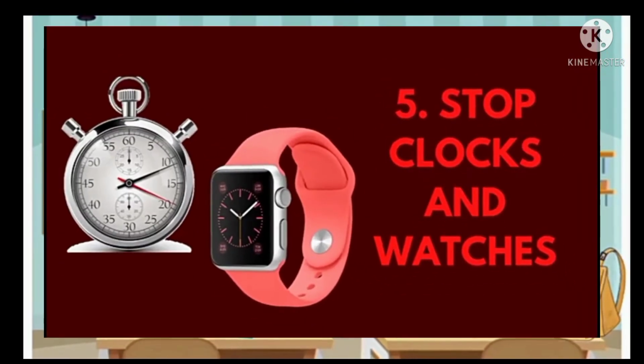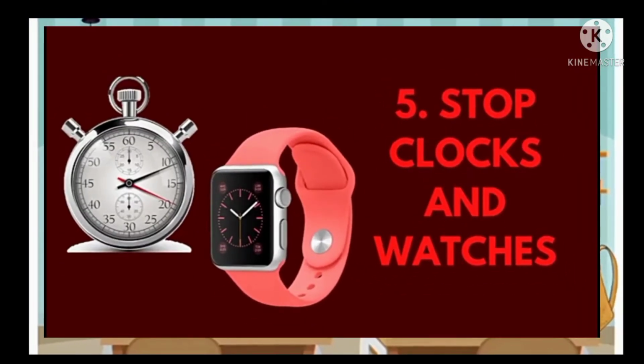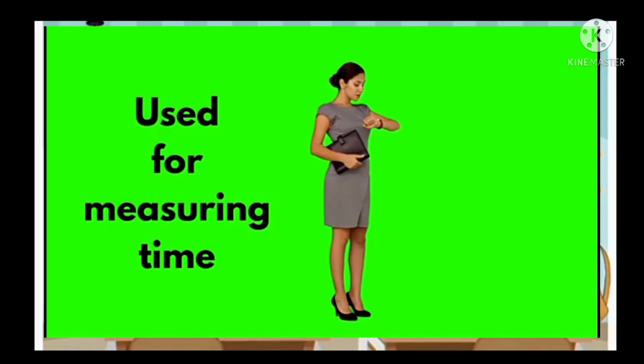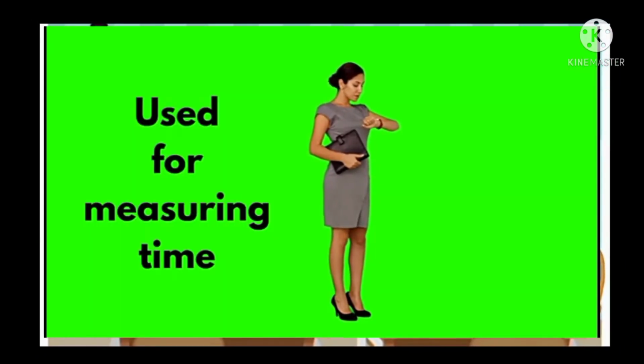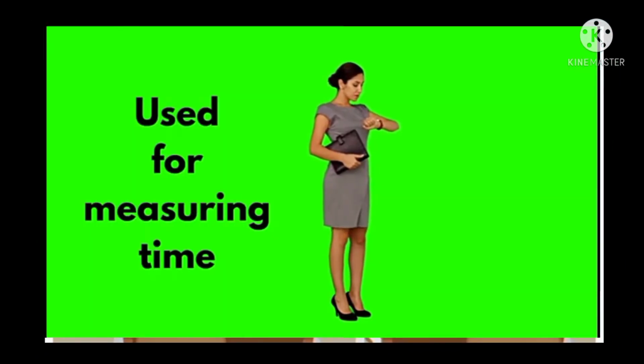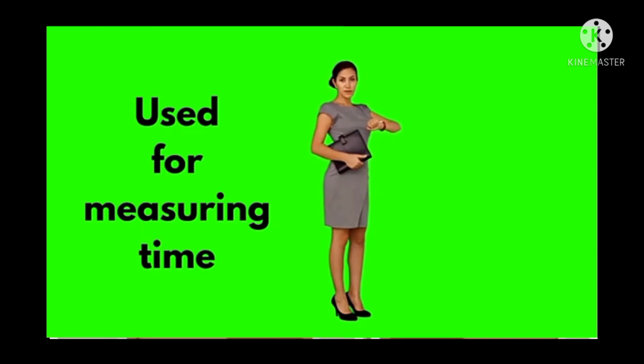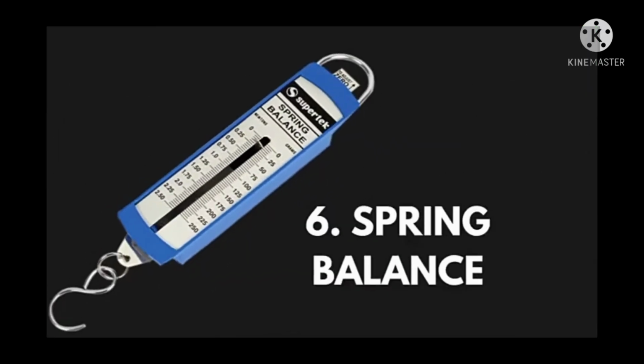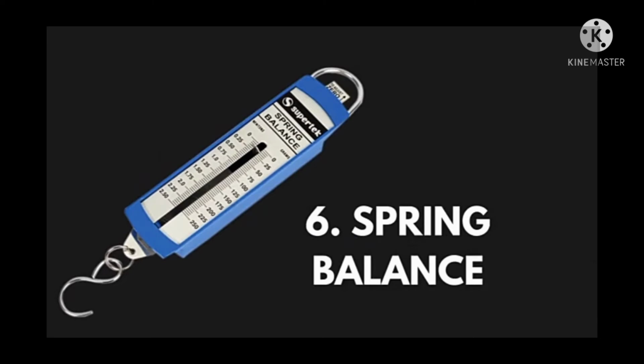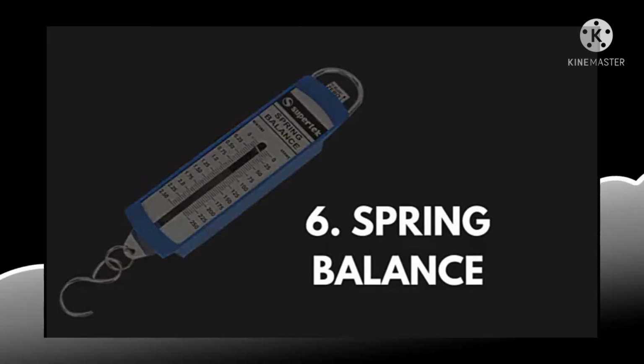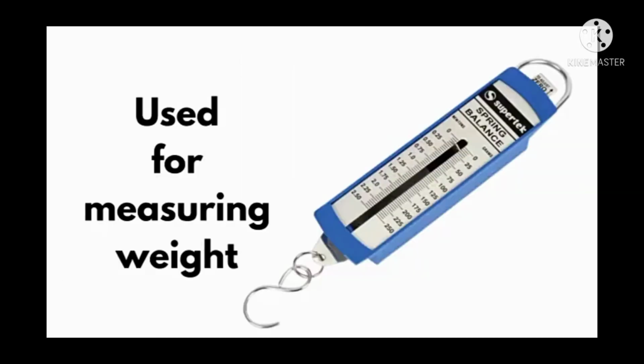Number 5, stop clocks and watches, used for measuring time. And number 6 is the spring balance, used for measuring weight.